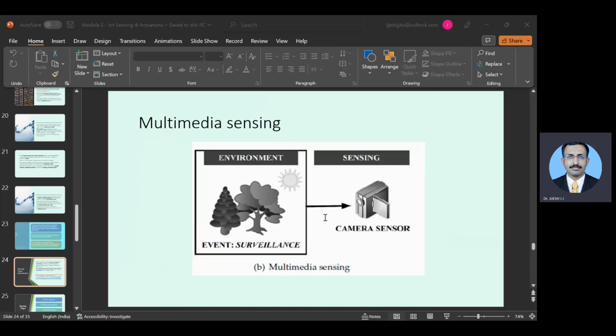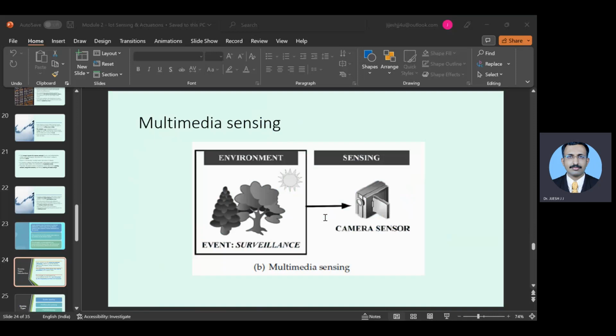You have seen motion sensors anywhere? You can see those applications also, like surveillance. How do they observe people moving around, whether a person was there or not, with the help of a multimedia sensor.